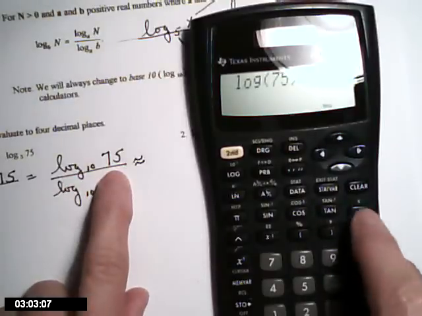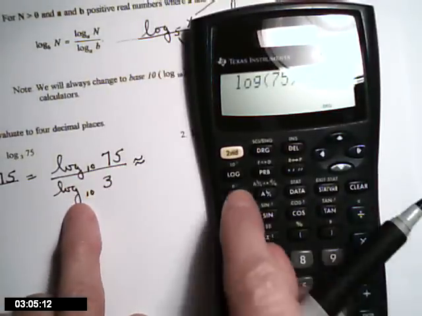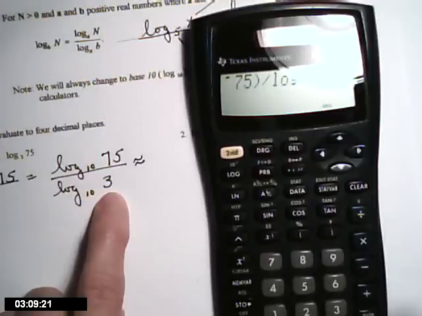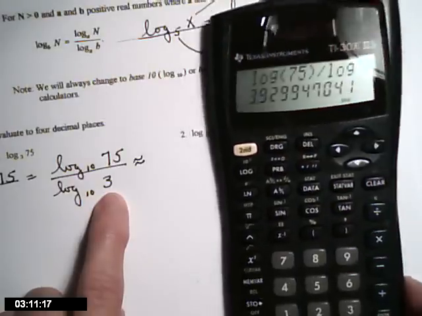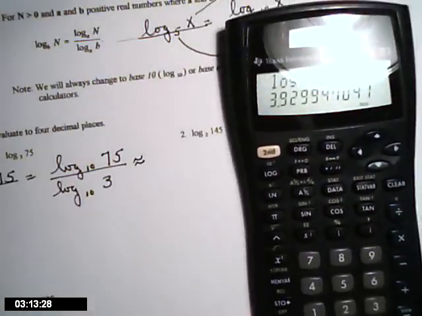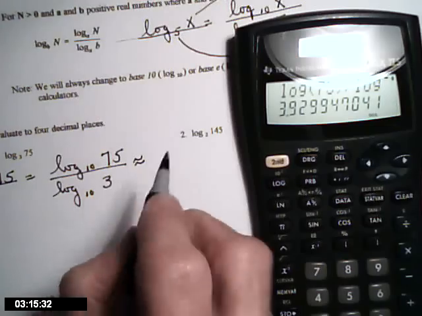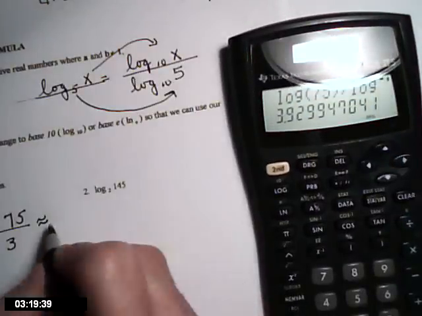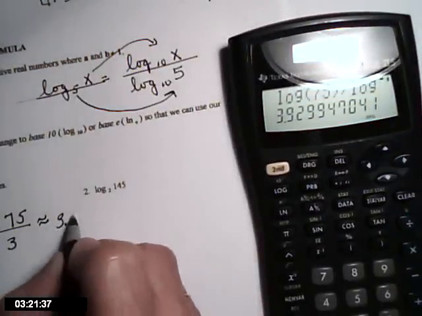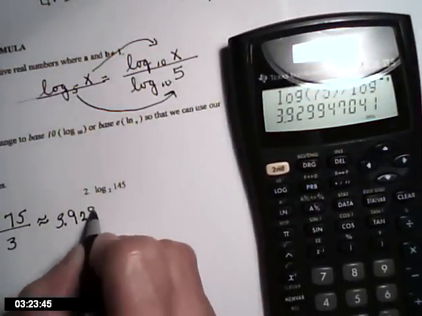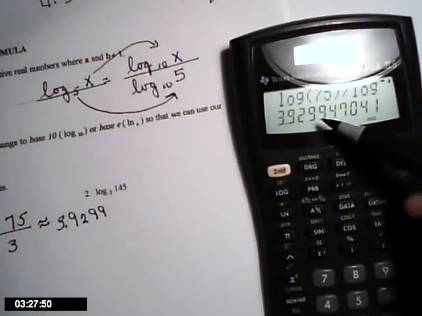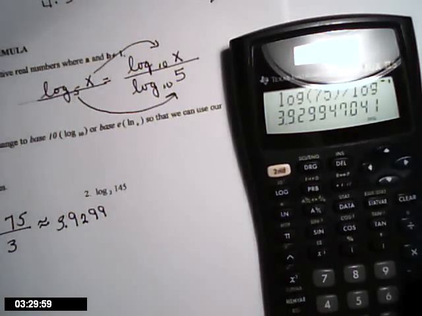Now I'm dividing by another log of 3, close parentheses, and hit equal. And you have, let's see if you can read that. 3.9299. Now the next number is a 4, so that does not raise the 99 up by 1.